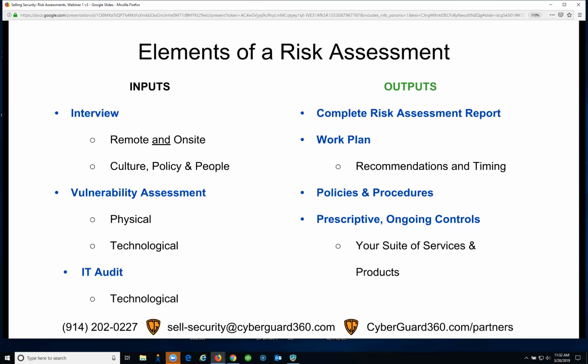So they positioned their people in a way that automatically doesn't meet the standard of protecting PII. And so a physical vulnerability assessment is an element of this as well.